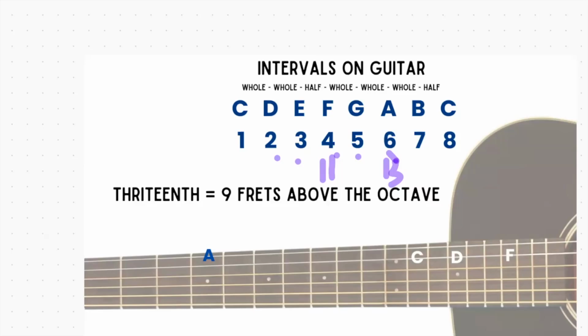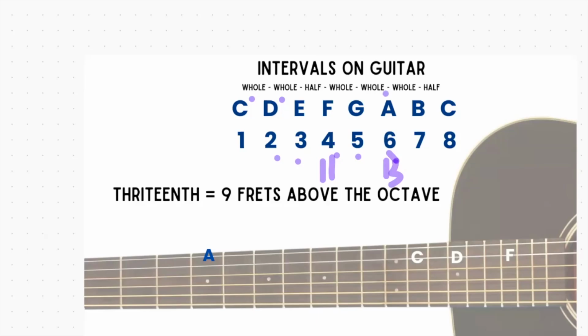So 9 frets, right? Because we have whole is 2 frets. So if we start from 8, right, we have 8. This D would be 9, right? 10, 11 is here on the 4. And then 5, or it would be 12 and 6th, okay?